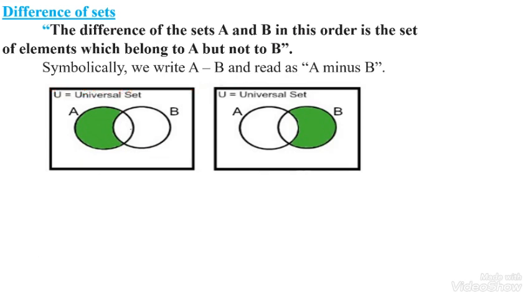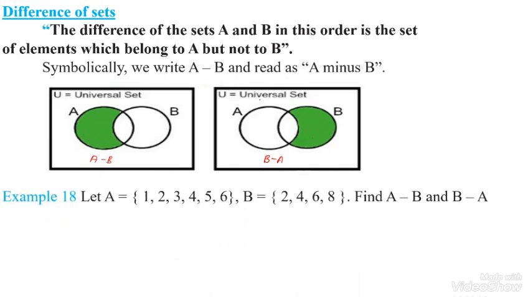Here the green portion represents A minus B, and here the green portion represents B minus A. B minus A means the elements which are present in set B only, not A.